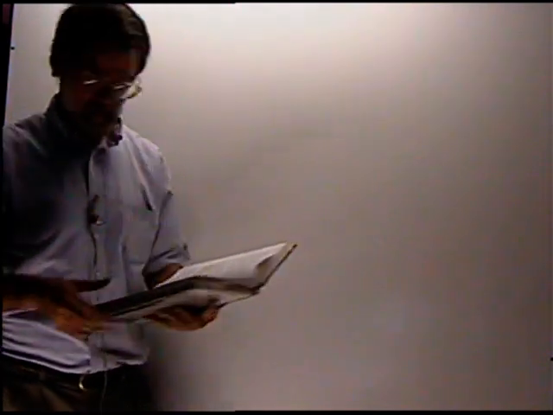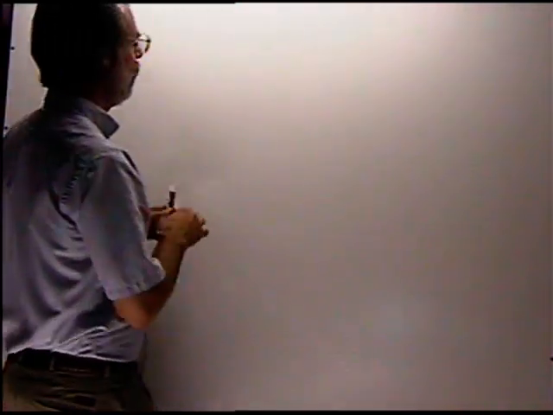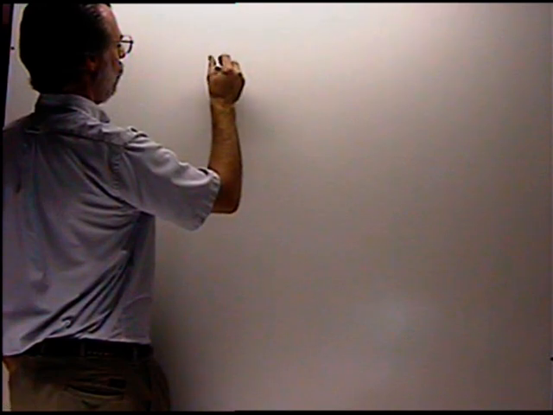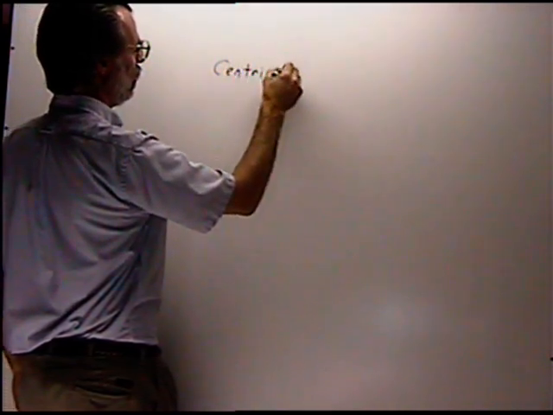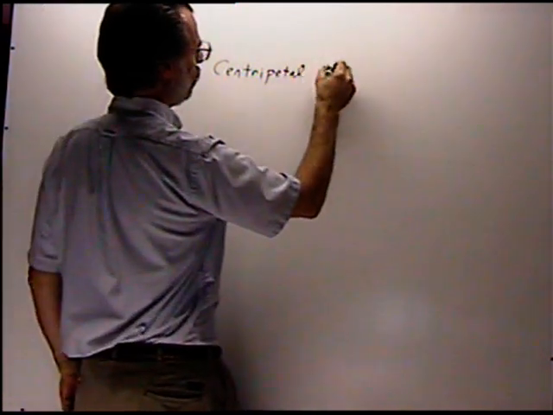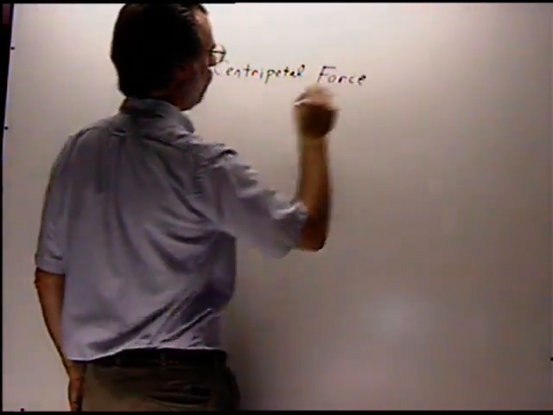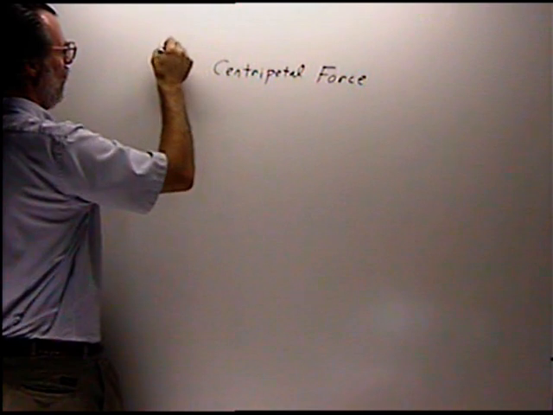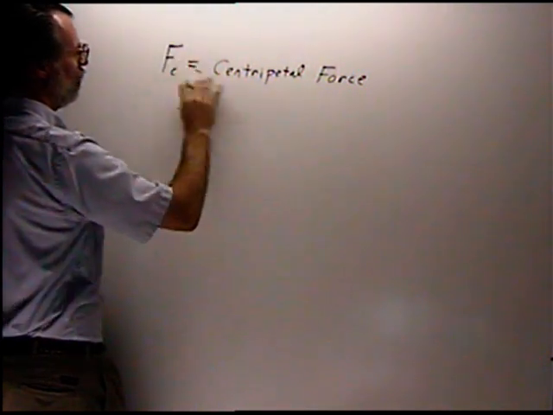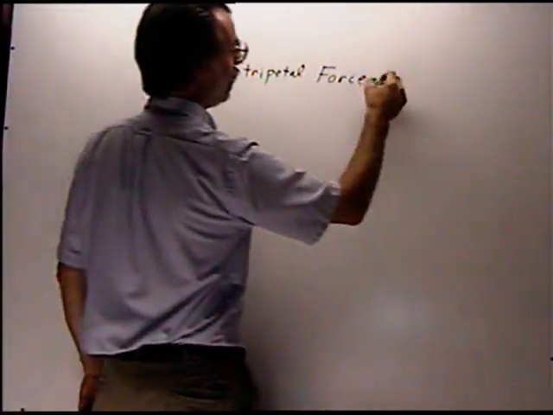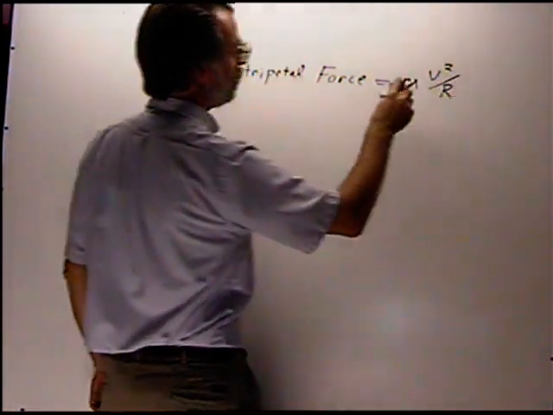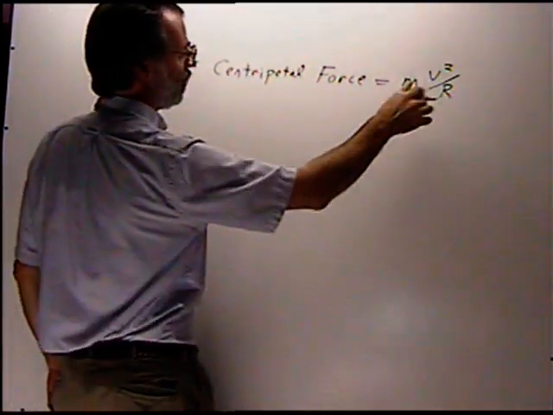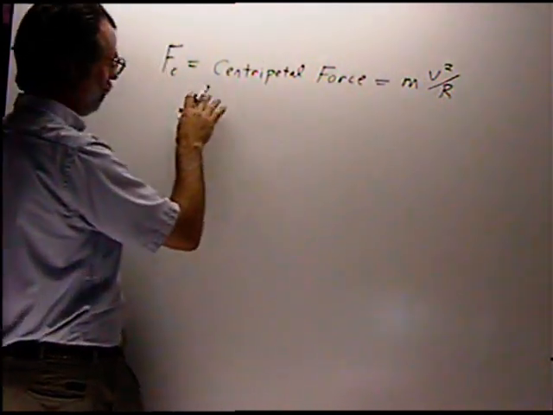That's the difference between, and this is somewhat confusing, centripetal force, which we'll call F sub C, which is what we just calculated, mv squared over r, the force necessary to keep a mass traveling around in a circle.